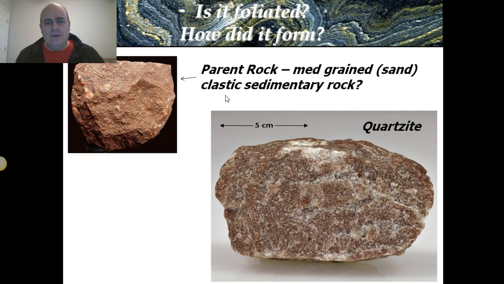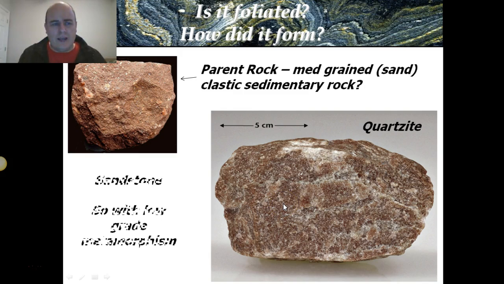It could be formed into what we call quartzite. Now remember, quartzite doesn't like to be foliated. You can't really see any foliation in here anyway. It looks just like a massive piece of quartz. So this would be what we consider a non-foliated quartzite, usually caused by low-grade metamorphism.